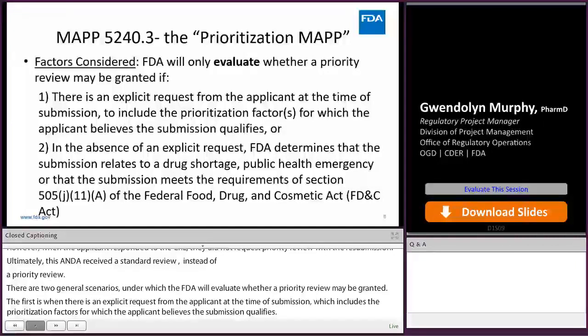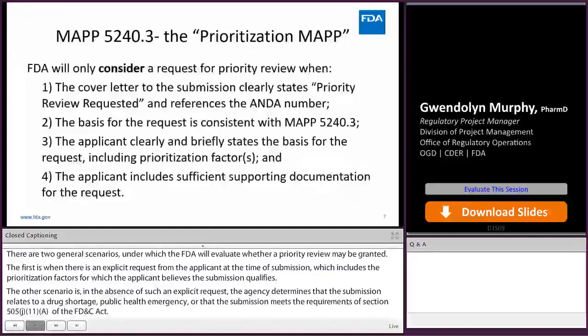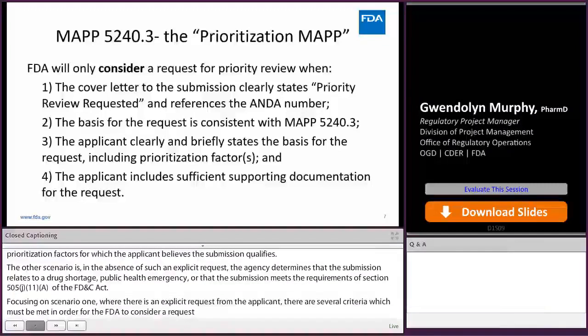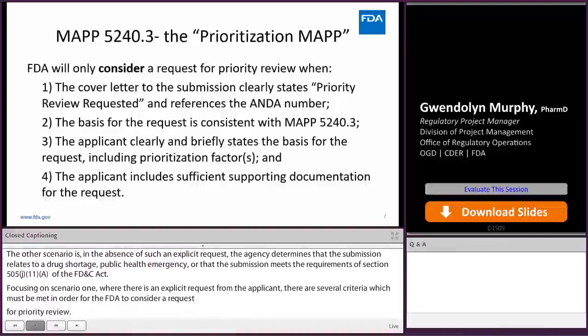Focusing on Scenario 1, where there's an explicit request from the applicant, there are several criteria which must be met in order for the FDA to consider a request for priority review. Those include: 1. The cover letter to the submission must clearly state priority review requested and reference the ANDA number. 2.